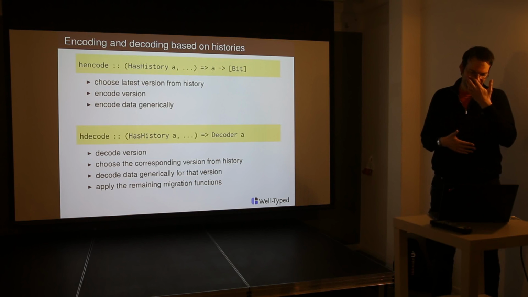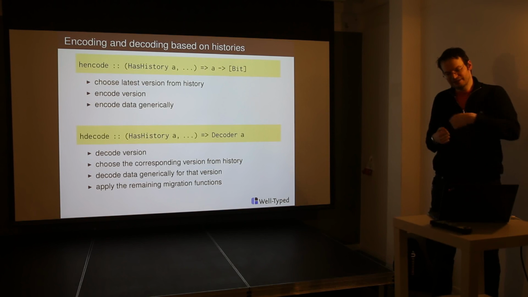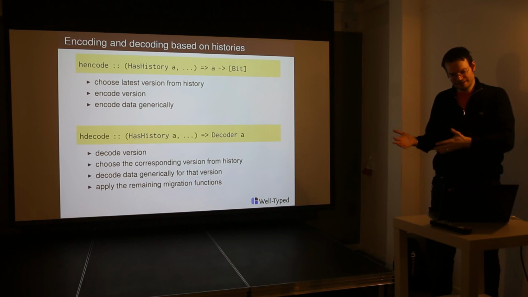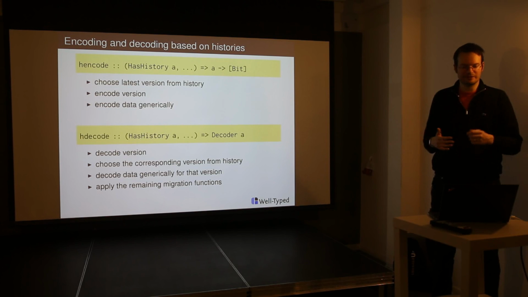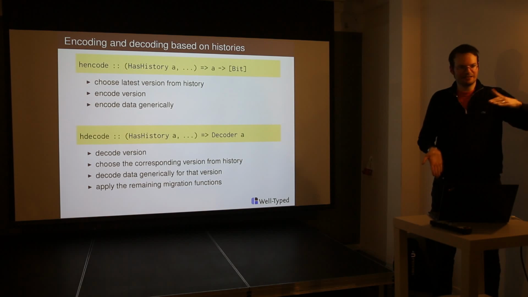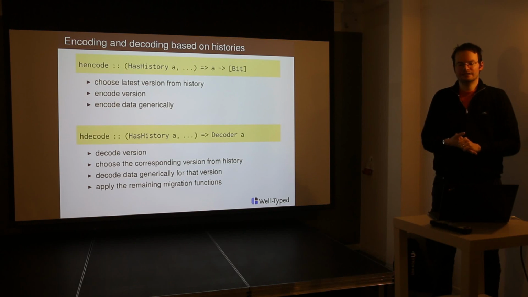Rather than defining different versions for every single data type, you're just saying your entire application has a particular API, and that API has versions, and whenever you increment the version, you can perform many changes to many data types at once.